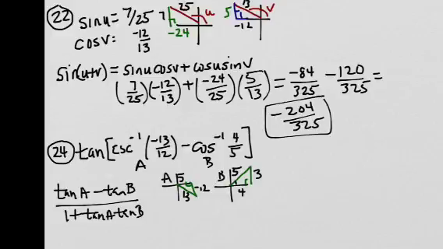So tangent A, I'm going to look at, of course, this part right here. This is for angle A. So tangent of A, and I can just write it right here. Tangent of A is y over x, so it's negative 12 over 5. It looks really messy, but it's negative 12 over 5. Tangent of B equals y over x, 3 over 4.